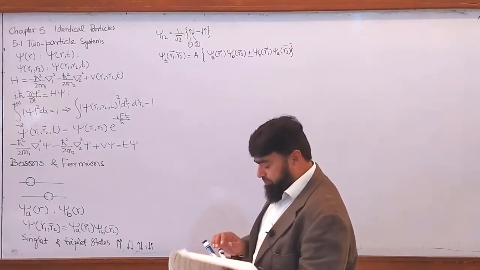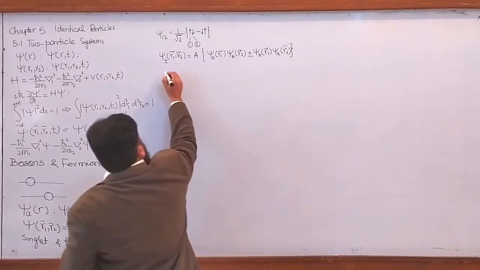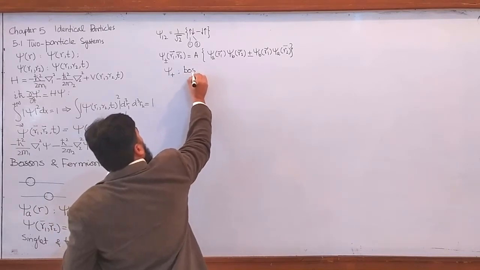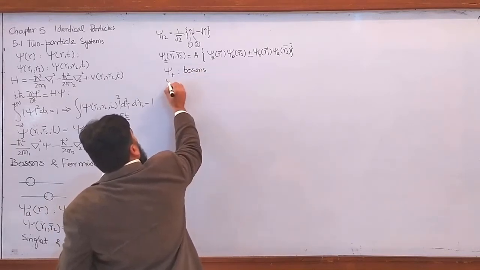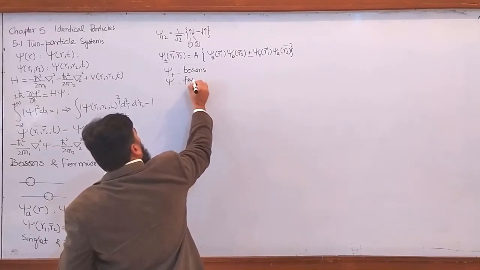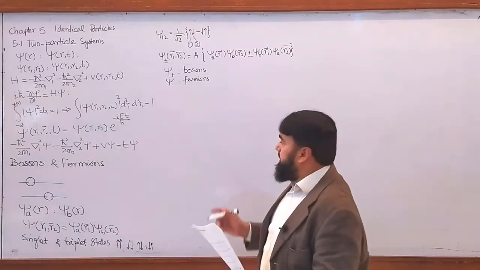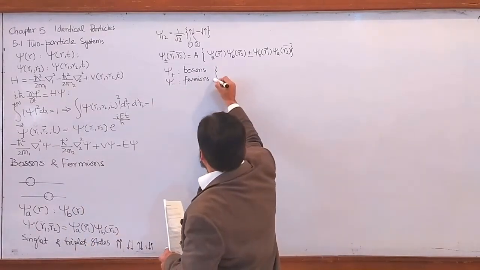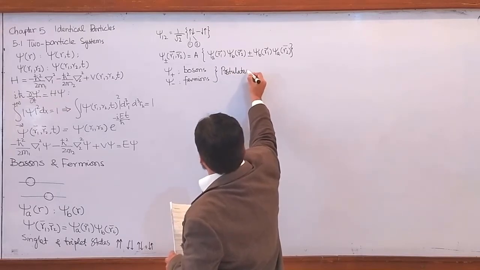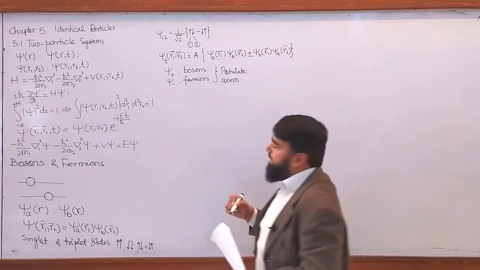I will say that when I write psi plus, it will be for the bosons, and when I write psi minus, it will be for the fermions. Now this is like a postulate. This is like an axiom. This is the truth. This I will have to accept.